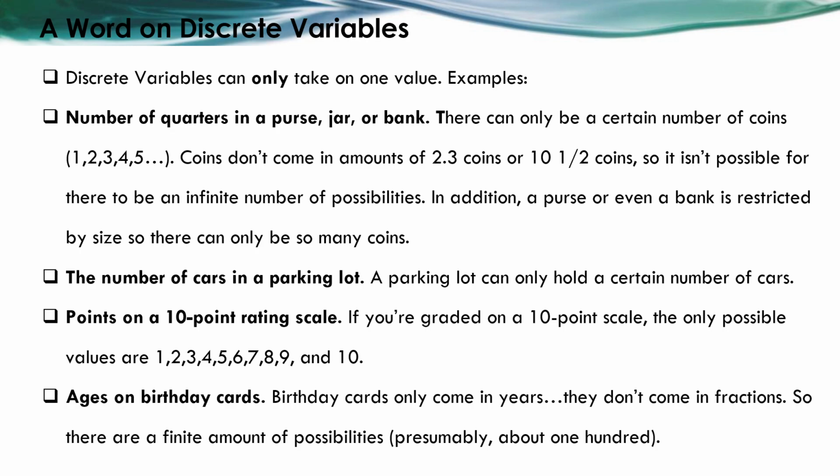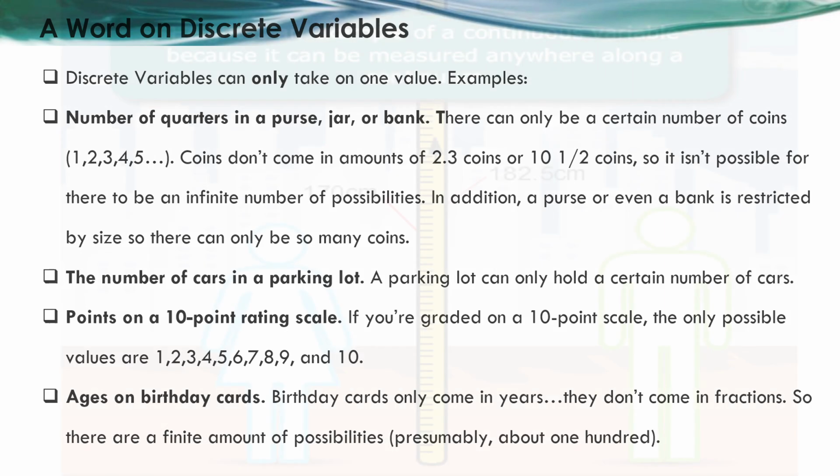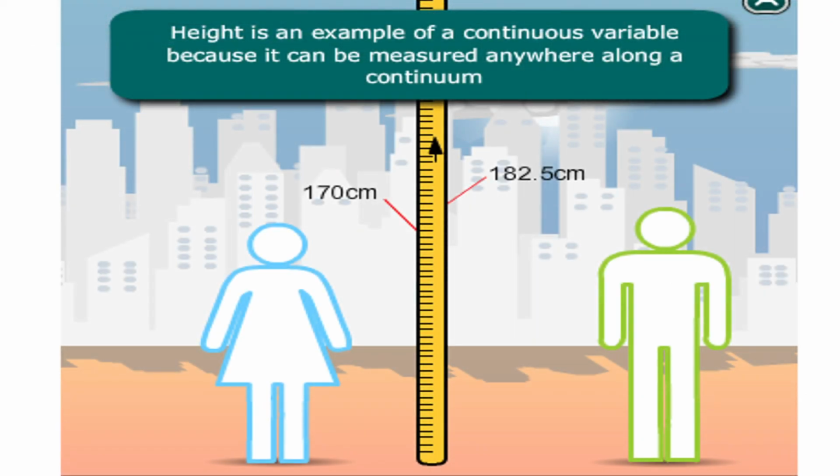Number of cars in a parking lot is a whole number. Points on a 10-point rating scale. Ages on birthday cards. Also, I don't know if you have siblings or kids in your family who say they are 4.5. Maybe someone should consider making cards for 4.5-year-olds.